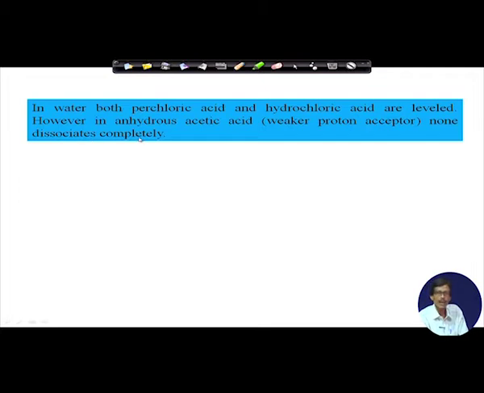That means we are interfering with the acidity, the strength of these acids. If they do not dissociate as they do in water as the solvent, we cannot consider these two acids as strong acids in anhydrous acetic acid medium. So, this is a very important area of thinking and knowledge.